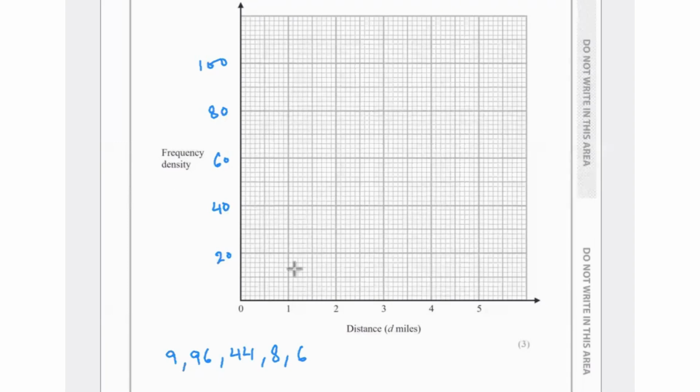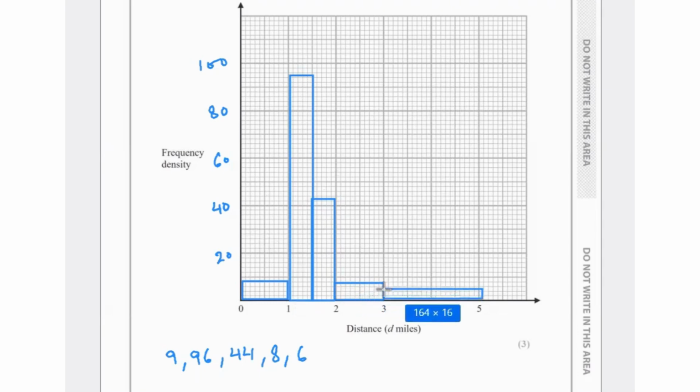So from 0 to 1, it's going to be approximately this. 96 is going to come, then 44 will be over here. 8 is going to be over here, and 6 will be around this. So this is your histogram.